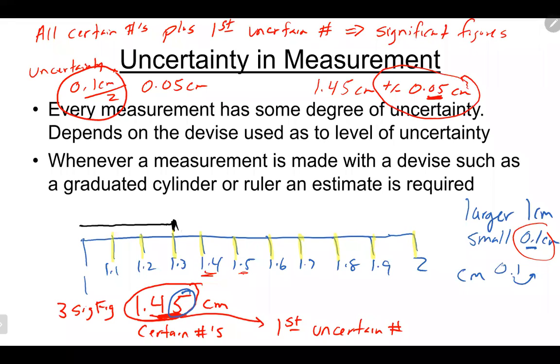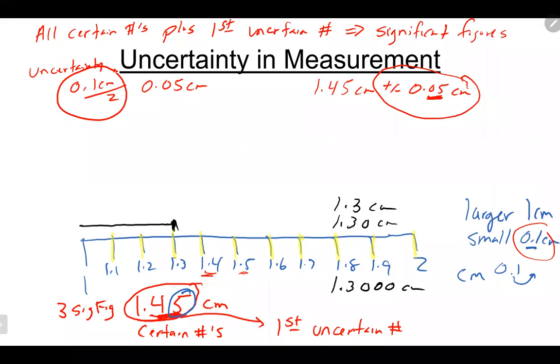Should I record 1.3 centimeters, 1.30 centimeters, or 1.3000 centimeters? Because I feel like if I add more numbers, it might be better. Is there a difference between all those measurements in terms of whether it is right or wrong?